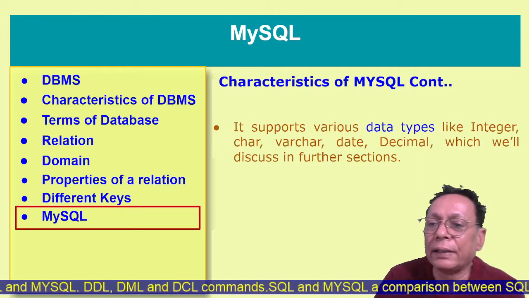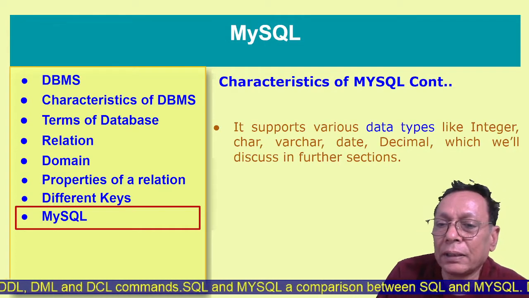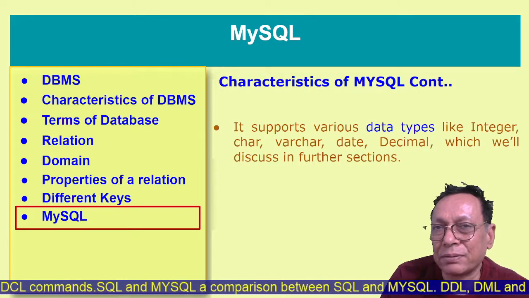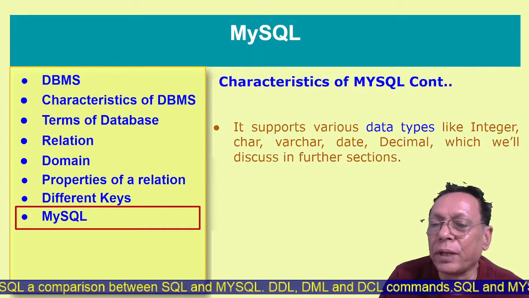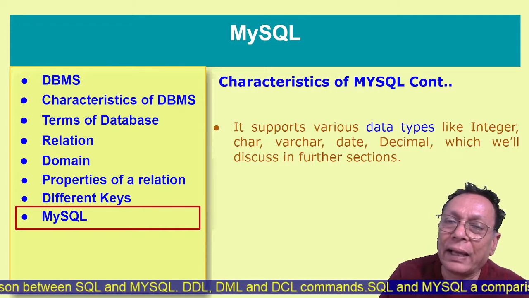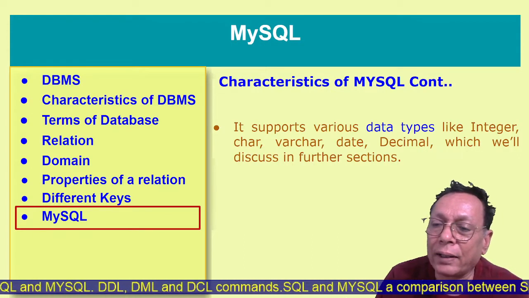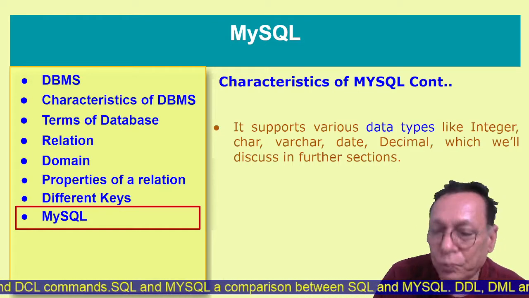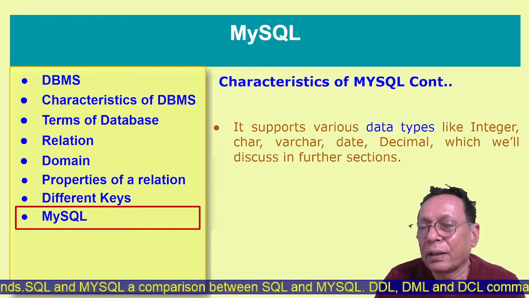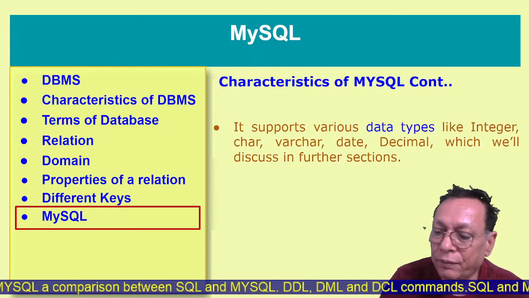Another characteristic of MySQL is that it supports various data types. What are those data types? Normally we discuss integer, character, varchar, date, and decimal, which we will discuss in later slides or further sections.